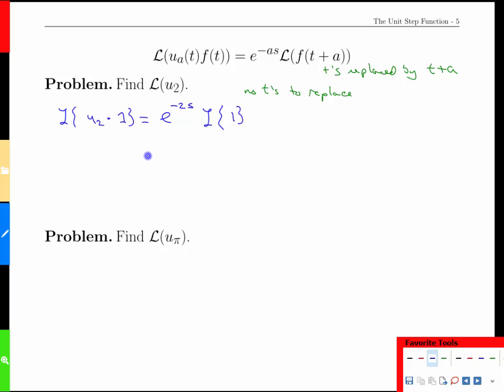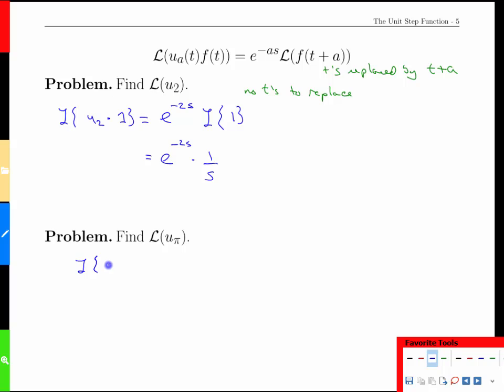And in fact, we get what we saw before, which was e to the minus 2s times 1 over s. So if we have the transform of a constant, we get that transform by itself. The fact that it only starts at time 2, we capture with this exponential e to the negative 2s.